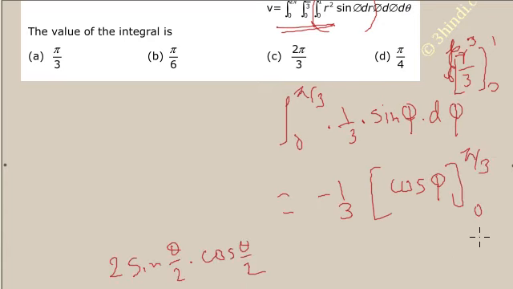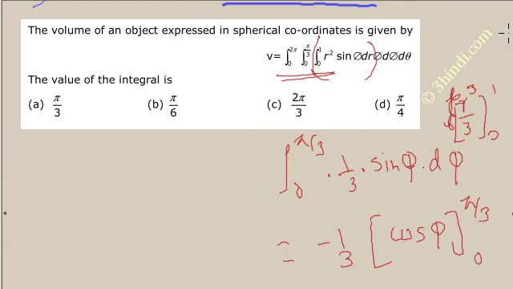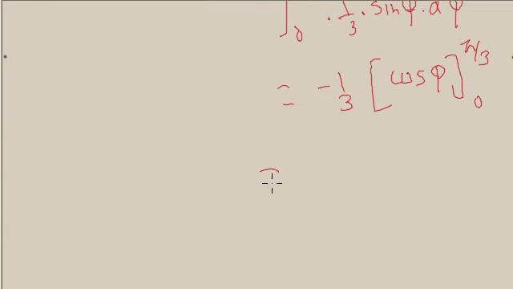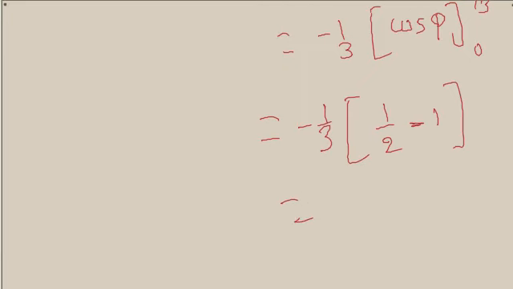So this is equal to minus 1 by 3 into cos 60 degrees, which is 1 by 2, minus 1. So this is minus 1 by 2 times minus 1 by 3, which is equal to 1 by 6.